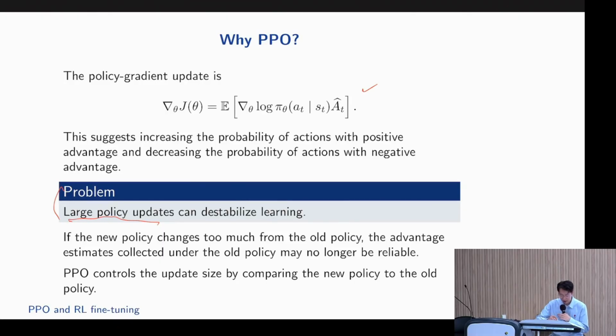So what we would like to do in addition is we don't want it to deviate too much from the old policy, because advantage collected under the old policy may no longer be reliable. So we want to control the update size by comparing the new policy to the old policy.